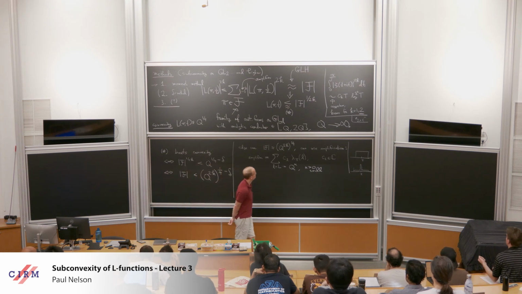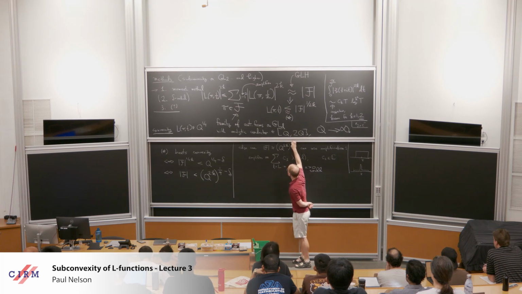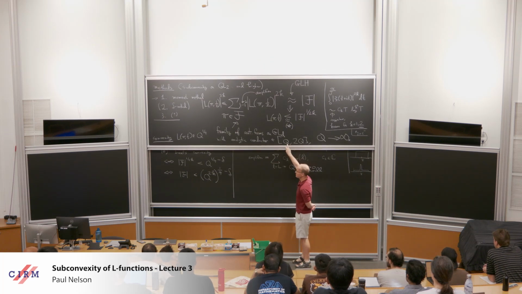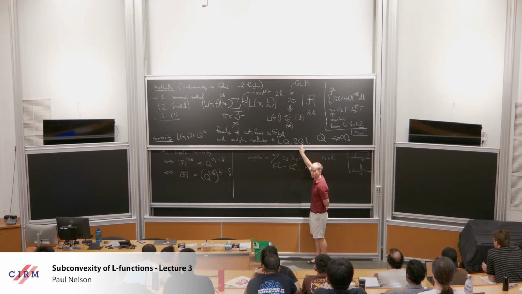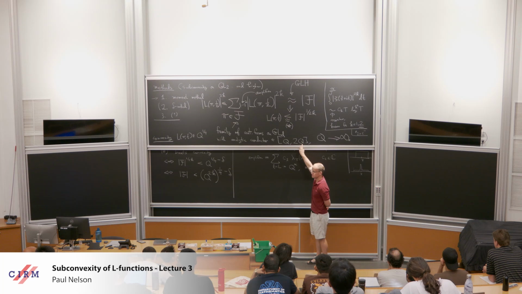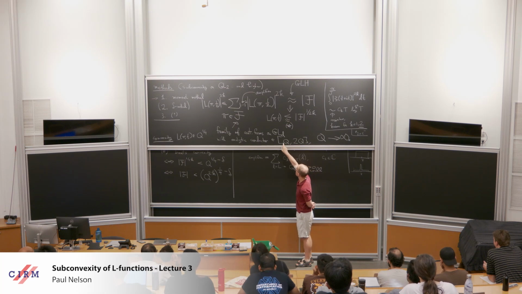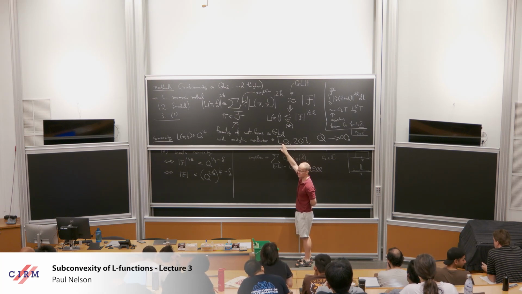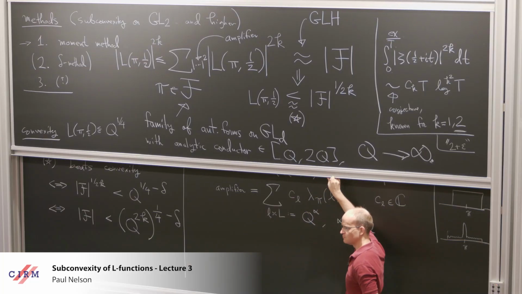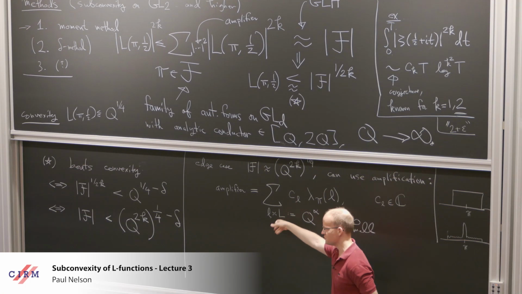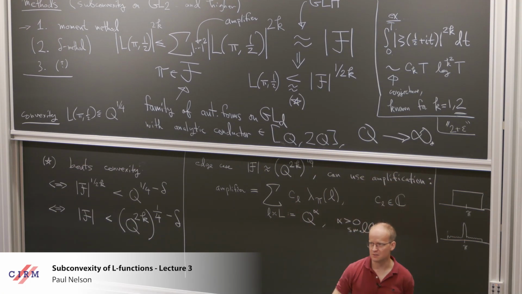So you could take this to mean something like L lies in an interval between, let's say, capital L and 2 capital L. So that would be one way you could define it. But more generally, people would allow you to replace this Q and this 2Q with any positive fixed multiple of Q, like 1/10 Q and 10 times Q. So in other words, it says that the ratio remains bounded away from 0 and infinity.